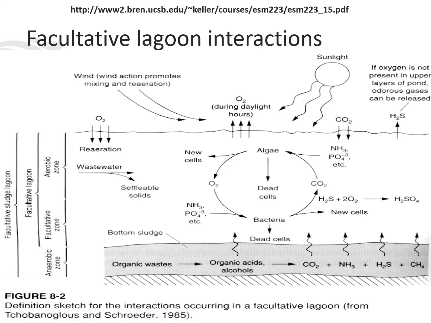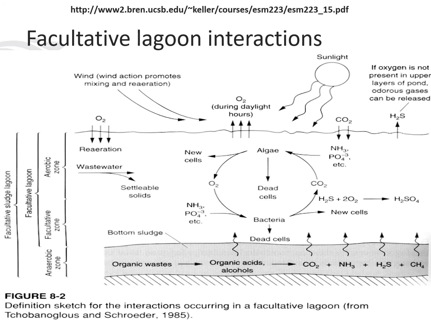So this is the facultative lagoon interaction. Again, very interesting if you look at it here. On the top layer of the stream, you can see oxygen entering, CO2 entering, and H2S being released from it. In the presence of oxygen in the daytime, algae will grow and start its process.